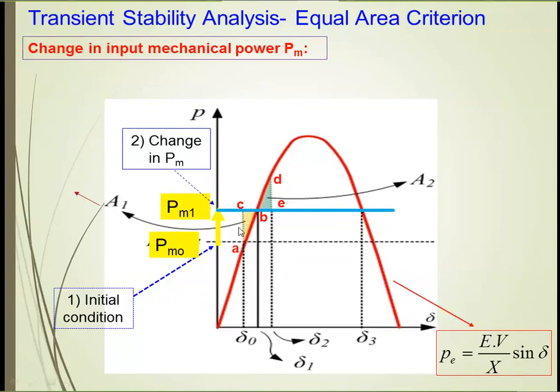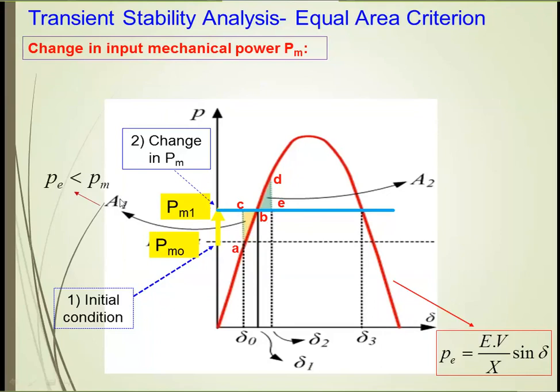So here we define one of the areas, right? And now when it was this one, it was PE equal to PMO, right? And now suddenly you have increased the turbine mechanical power to this line, which is constant now. With this area defined, we call it area 1.